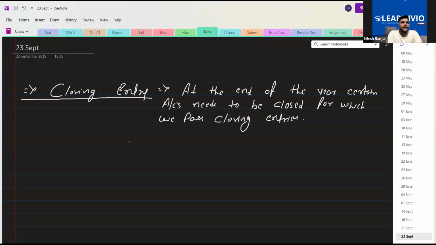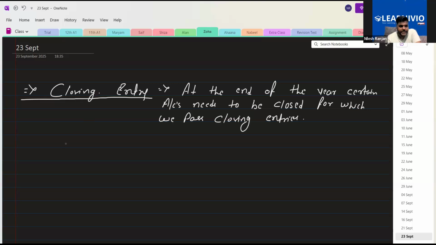But all the nominal accounts, meaning income and expenses, cannot be carried forward because they are related to a specific time period, and after that time period they cannot be transferred to the next period. That's why all the nominal accounts, income, expenses, and profit and loss account, need to be closed at the end. So for closing of these accounts, we pass closing entry.